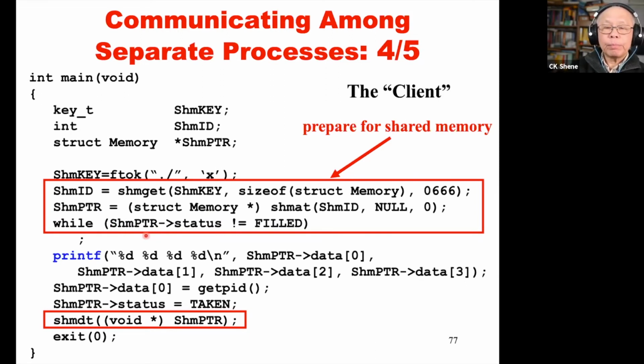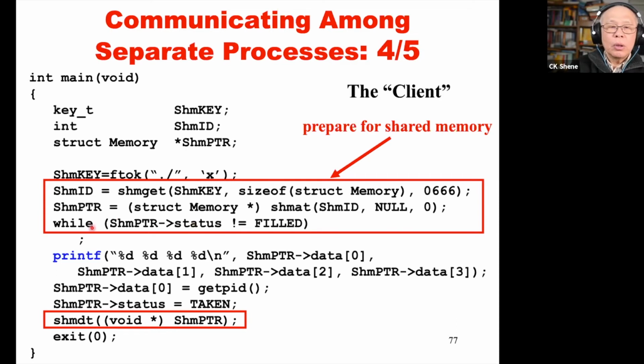If the server is very slow to set the status to filled, but because this program is so simple, after the server allocates a shared memory and puts information into data 0, 1, 2, and 3, it takes very short time.